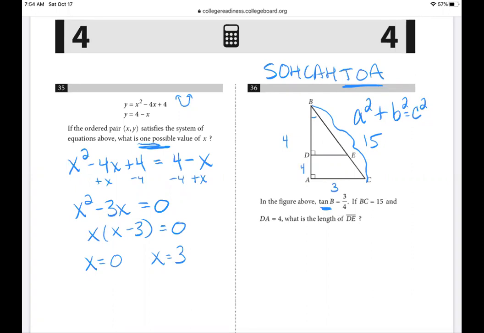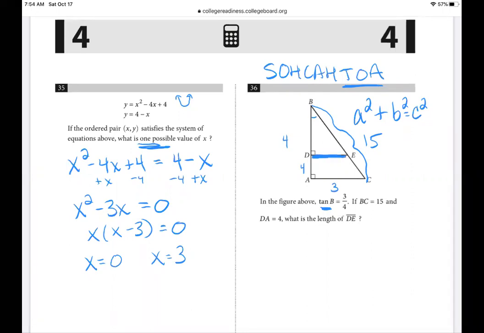Because it's telling us DA is 4, we're not going to have BD as 4 and DA as 4. So that indicates to us that when we're looking at those opposite and adjacent sides, it's for the outer triangle. And then furthermore, we are asked for DE, right? So that's what we're trying to find.